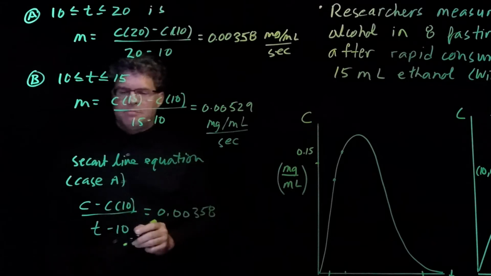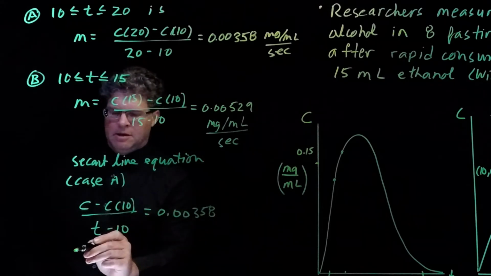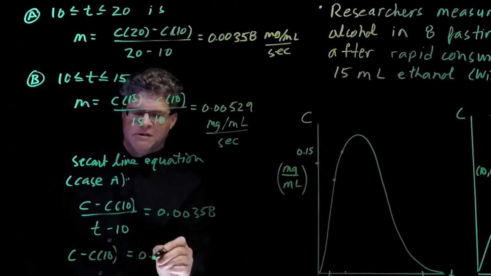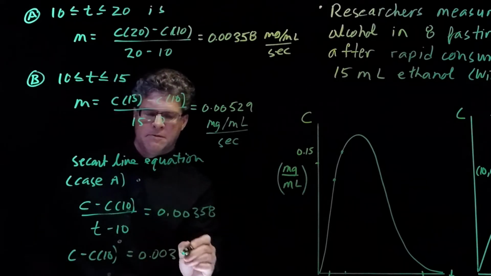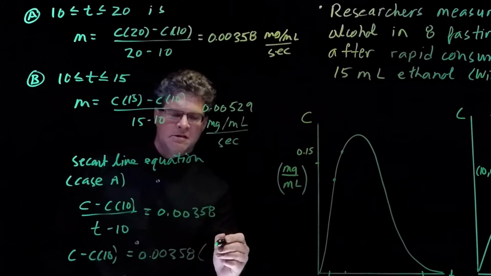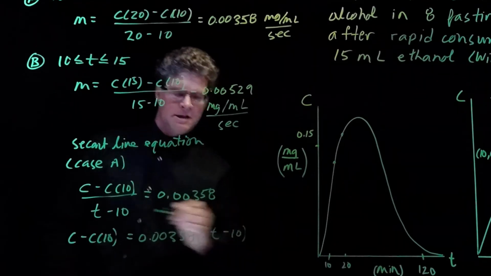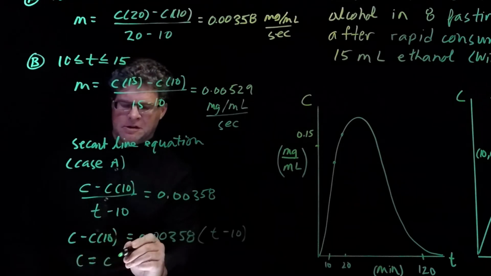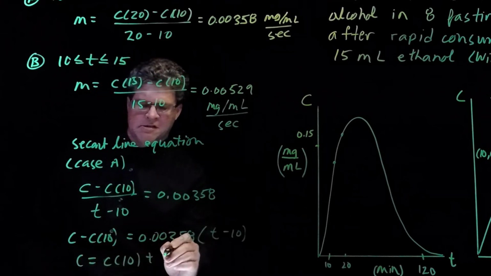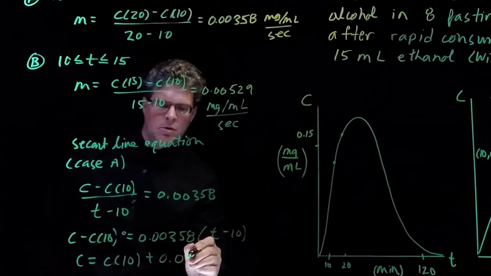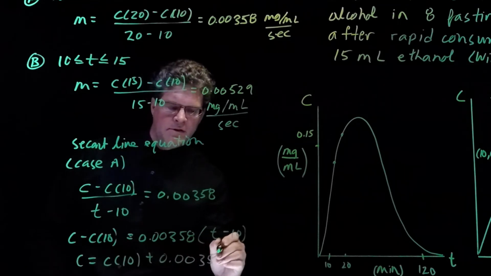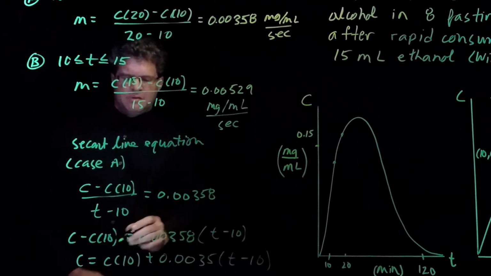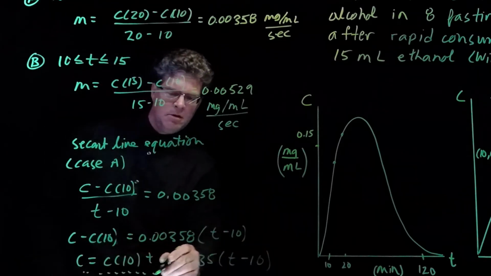And so we can cross multiply by t minus 10. So we have C minus C10 is equal to 0.00358 times t minus 10. And then we can add C10 to both sides to get C is equal to C10 plus 0.00358 times t minus 10. So this is the equation for the secant line.